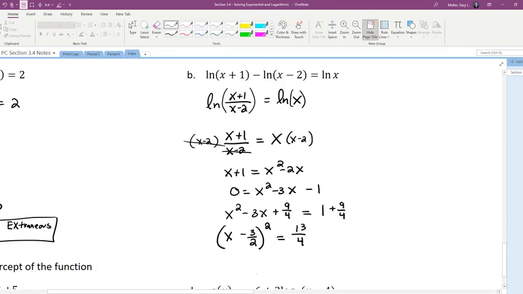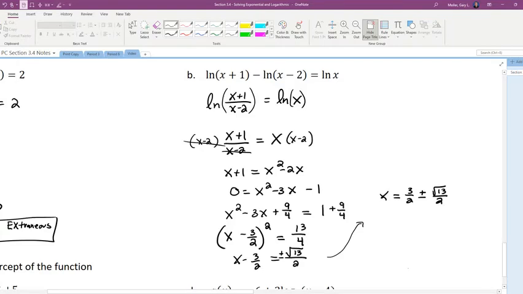And so then I take the square root, which is going to give me the square root of 13 over 2, plus and minus. And so I get an answer of x = 3/2 plus or minus root 13 over 2.